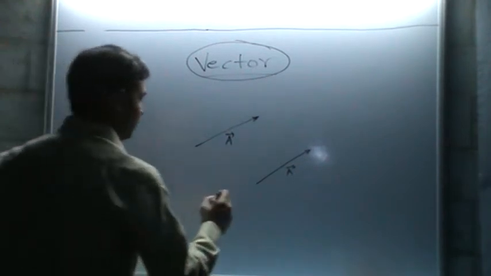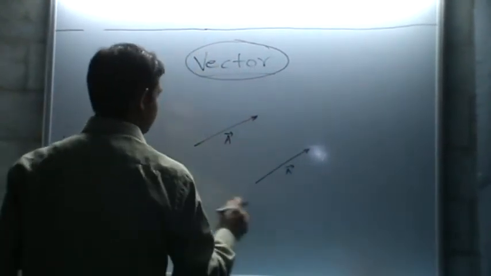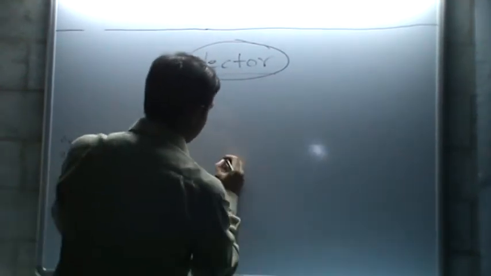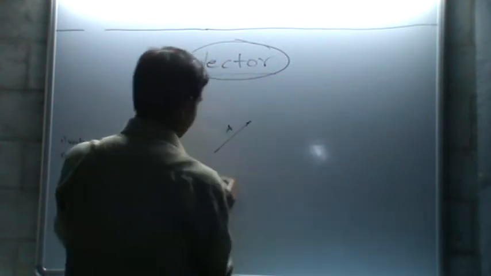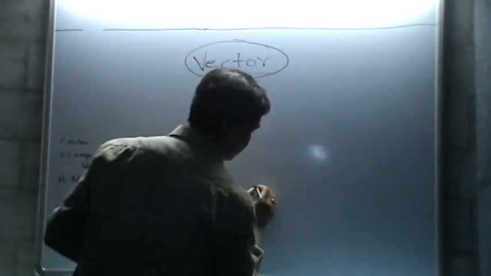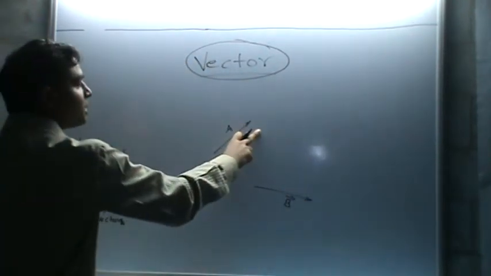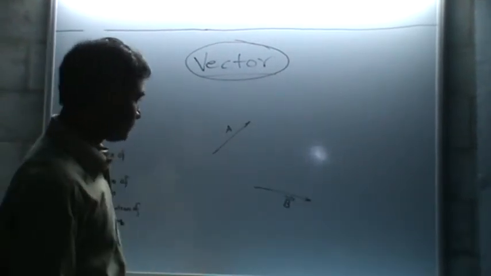Okay. Suppose we draw a vector B. This is your vector A. This is your vector B. Vector A is moving in this direction, vector B is moving in this direction.